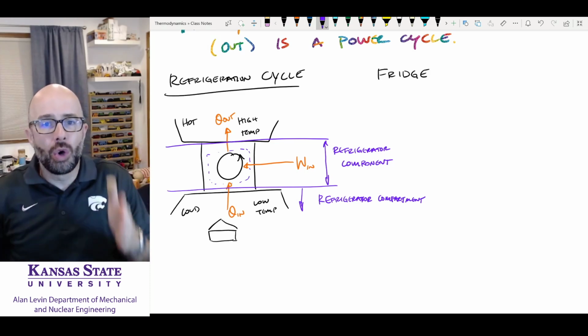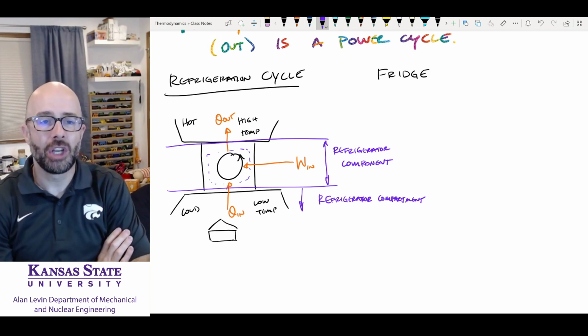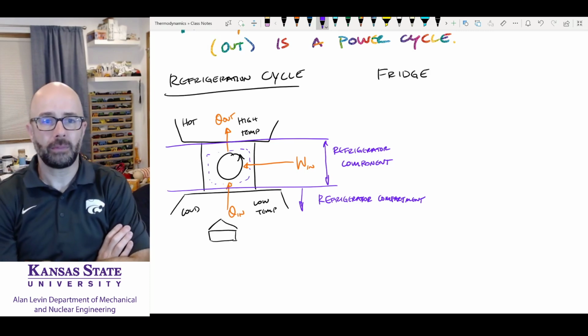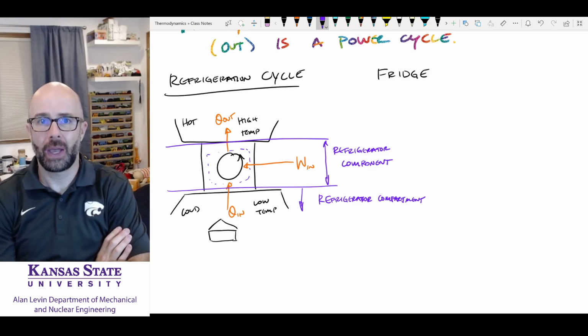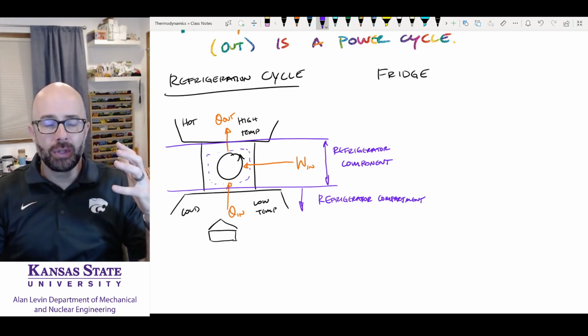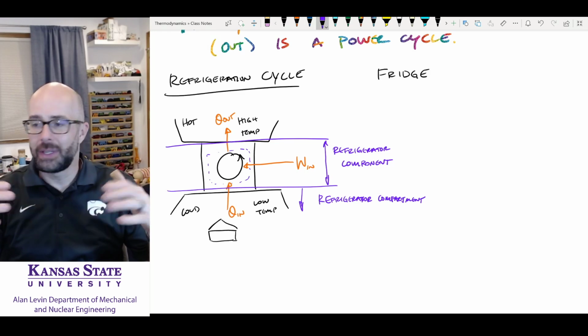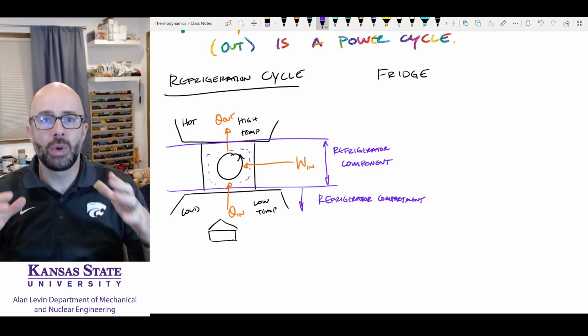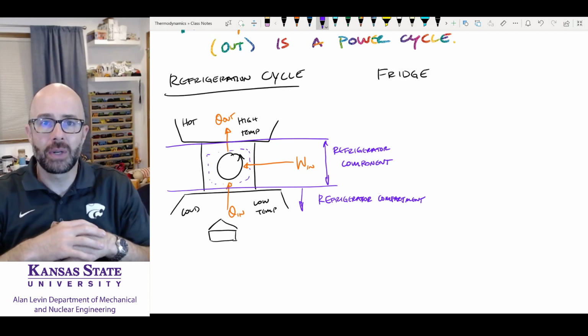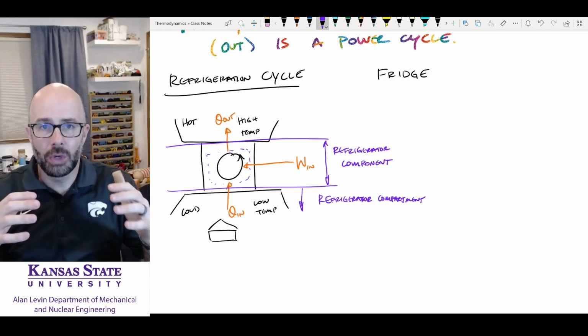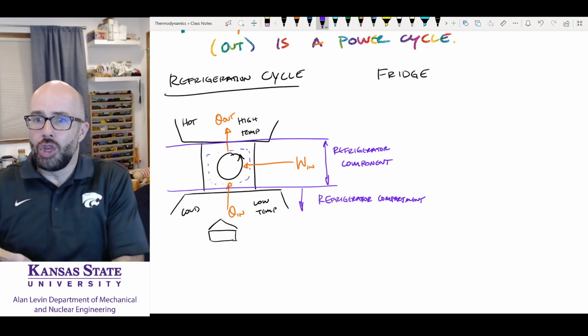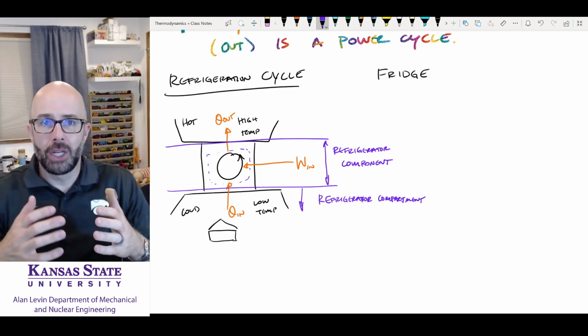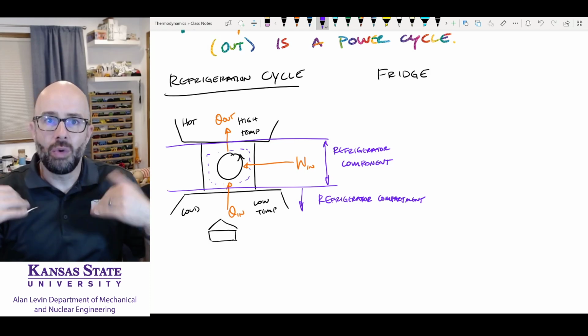You are in the cold compartment of a refrigeration cycle. It's 100 degrees outside, you want to keep your house at 75 degrees Fahrenheit. That's the cool compartment. You come into that cold compartment, but you are not 75 degrees. You are warmer than that.